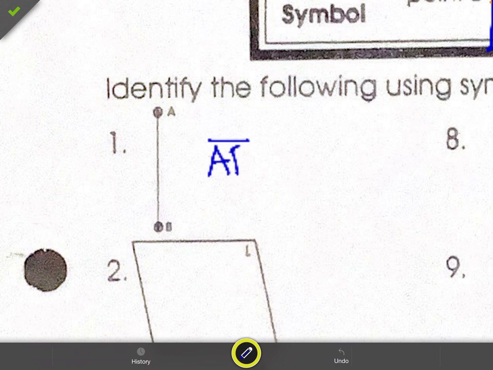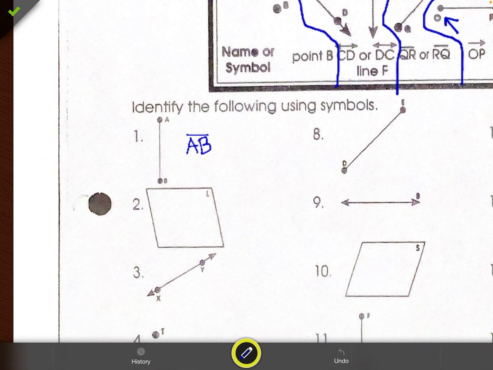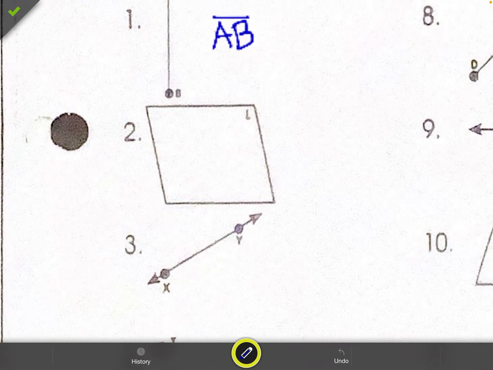And we could say segment AB, or you could reverse that and call it segment BA. Now, going down to number 2, we've already talked about this. This would be plane. And remember, these are supposed to be cursive. On this worksheet, they don't make them cursive, so do your best. That would be plane L.